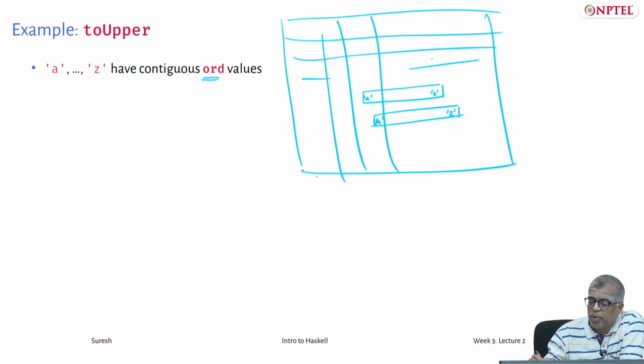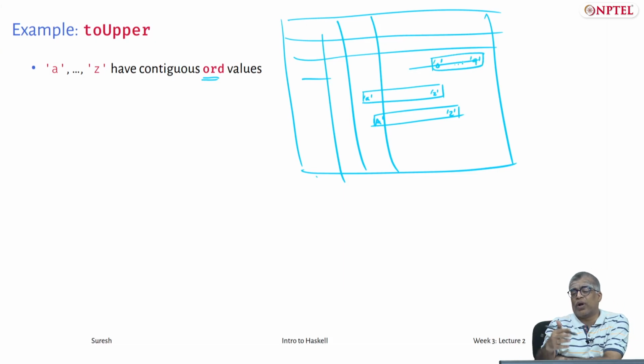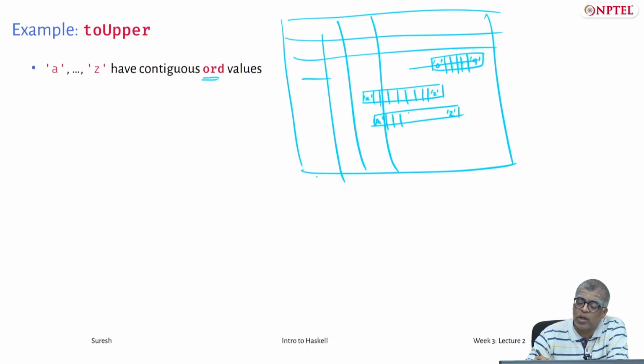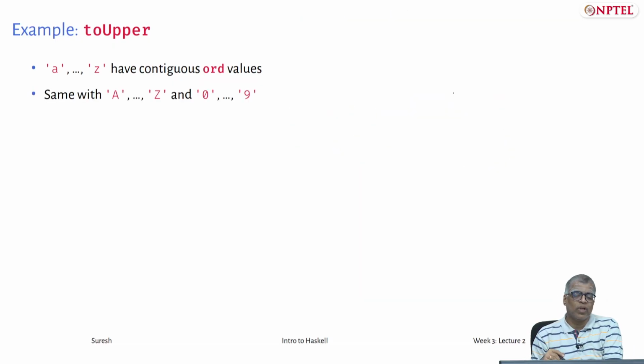Somewhere else, maybe here, the character 0 till the character 9 is stored, one cell after the other, with nothing else coming in between. Once you start with small a, you will go small b, small c, etc., all the way till small z. Similarly for capital letters, right?